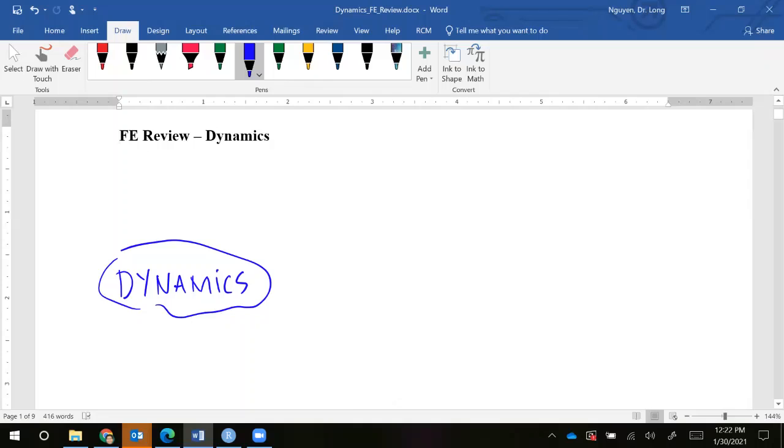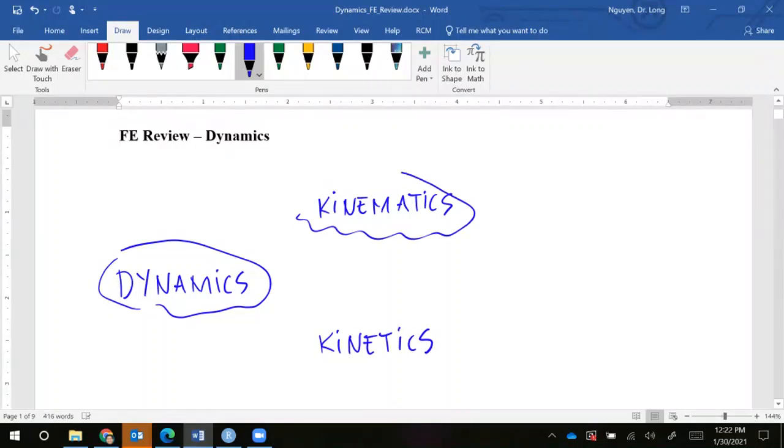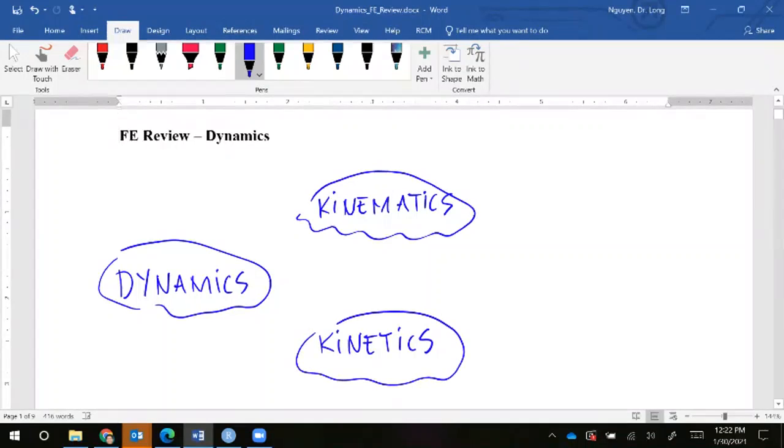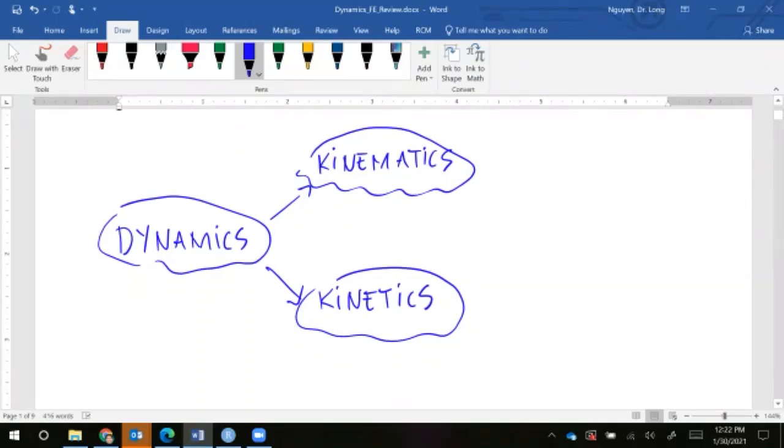So we have kinematics, and then we have kinetics. Just a few equations that I try to capture here, and then we can go into the problems.